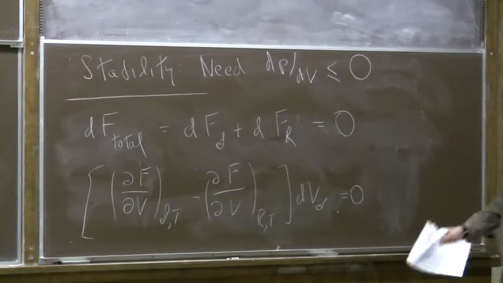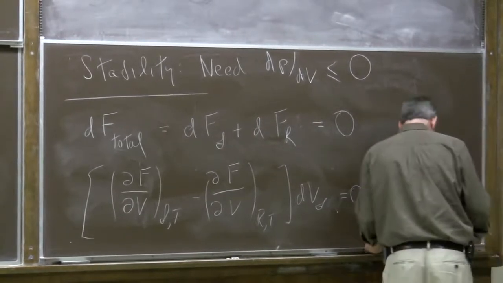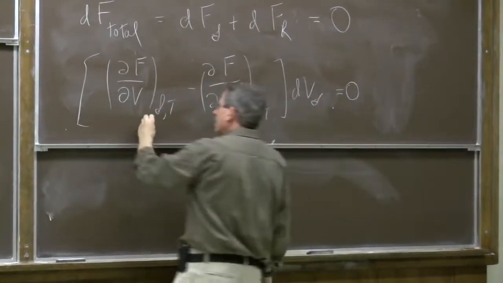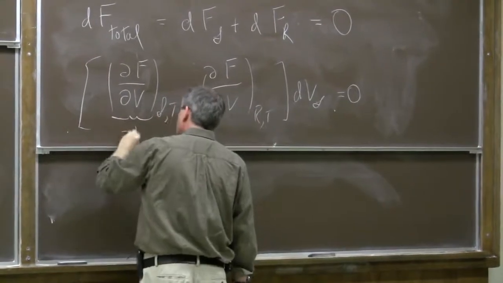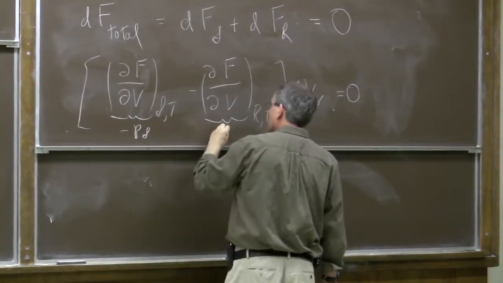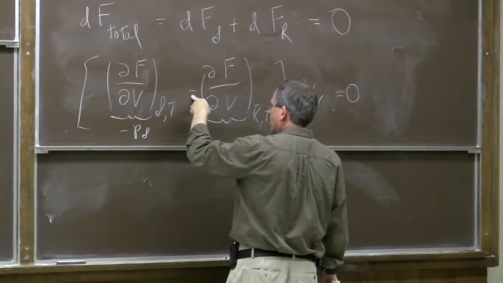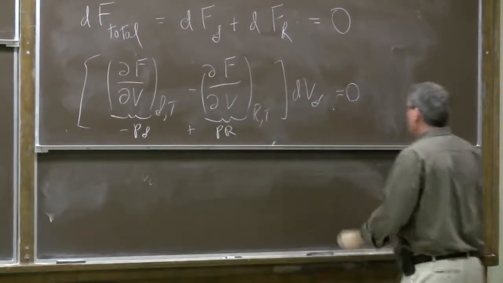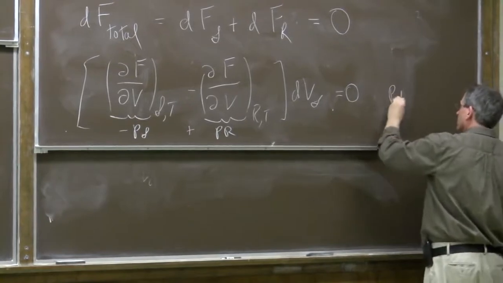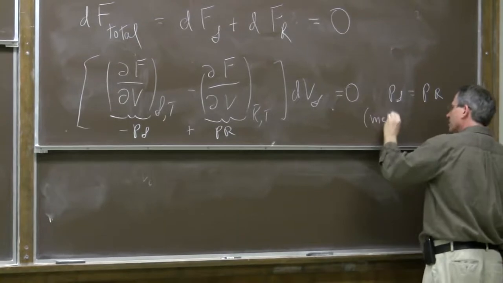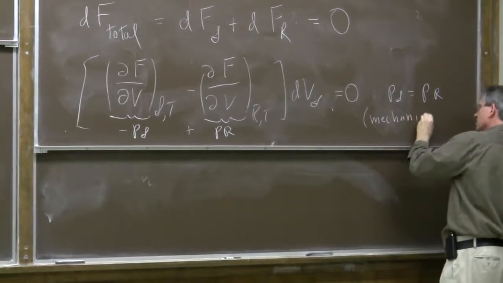So there's no first order change in the total free energy, and since the derivative with respect to volume is just minus the pressure, this is minus the pressure of the system. This minus means it's plus the pressure of the reservoir. So in equilibrium, the pressure of the system is equal to the pressure of the reservoir. That's the condition for mechanical equilibrium, as we've discussed.